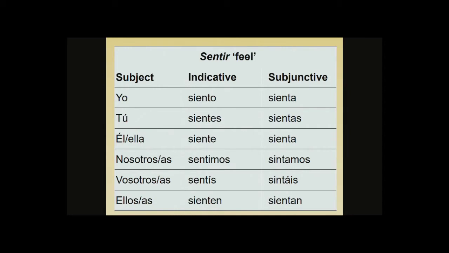So, nosotros, subjunctive, is going to be muramos. And vosotros, muráis. And then, obviously, for ellos, you're going to revert to mueren. Mueran.